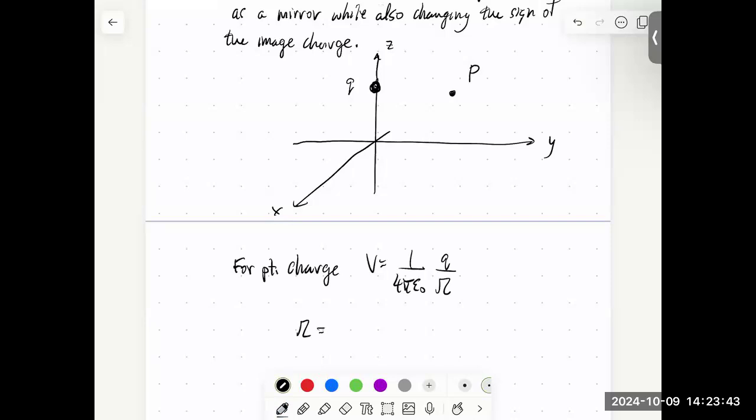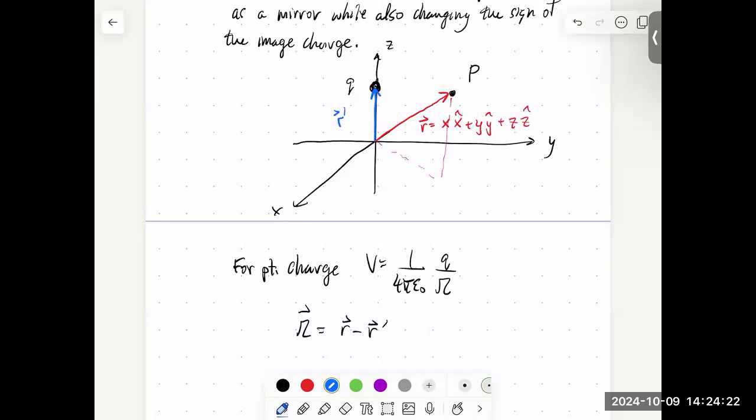And the script R, remember, is R minus R prime, where R locates the point of interest. Here it is, and maybe it projects down into the XY plane like this. This R is just equal to x x hat plus y y hat plus z z hat. Then R prime is from the origin to our source charge.